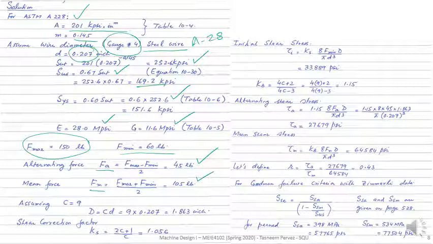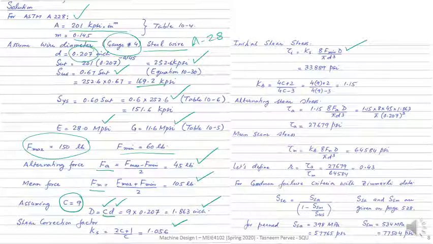Going back to the previous procedure, remember the second case of the static problem. I am now assuming C. And when I assume C, C is known, D is also known, and I will calculate it. The mean coil diameter, I have calculated the shear correction factor, and I have calculated the initial stress, meaning at the minimum load.